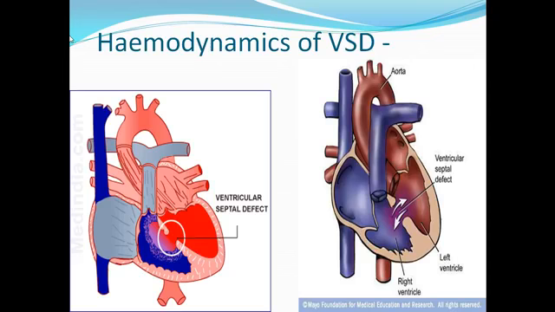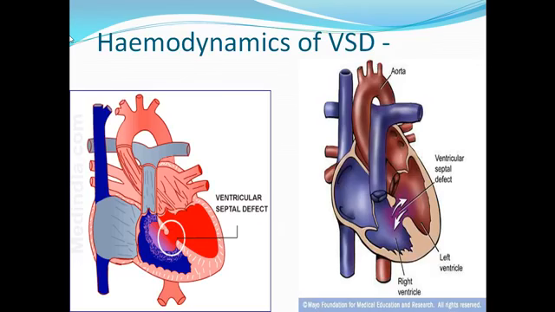This cycle continues, and a huge volume of blood enters the pulmonary vascular bed, and consequences occur. There is an increase in pulmonary vascular resistance and pulmonary blood pressure, pulmonary hypertension occurs, and there is pulmonary edema, and gradually pulmonary vascular obstructive disease occurs.